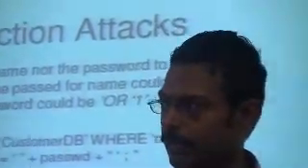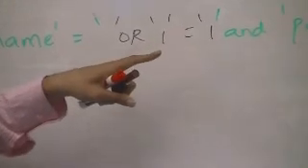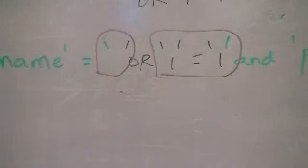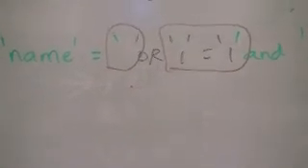So you select star from the table where name equals open quotes, blank, end quote, or 1 equals 1. This will turn out to be what? It could be anything here, but once you have or 1 equals 1, 1 equals 1 is always true, right?